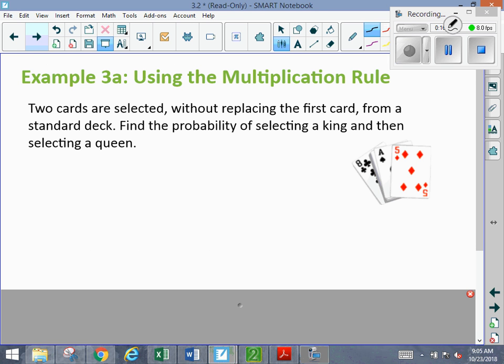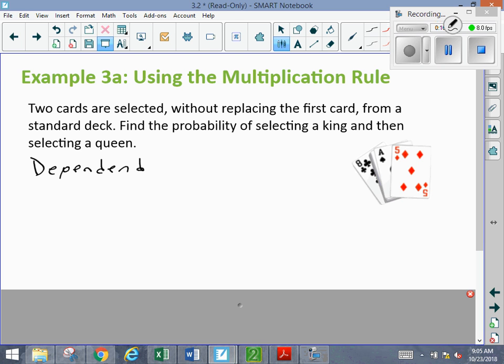Okay, so we have 2 cards selected without replacing the first card from the standard deck. Find the probability of selecting a king and then selecting a queen. So we know that these events are dependent.